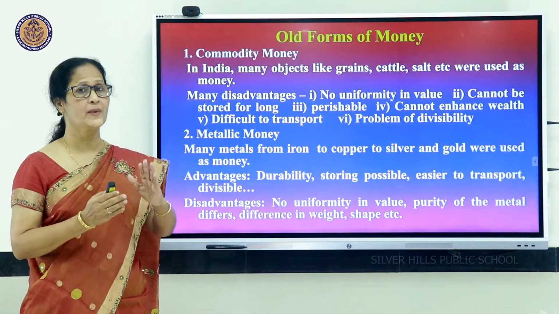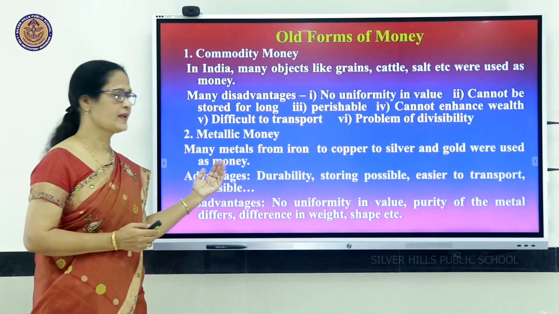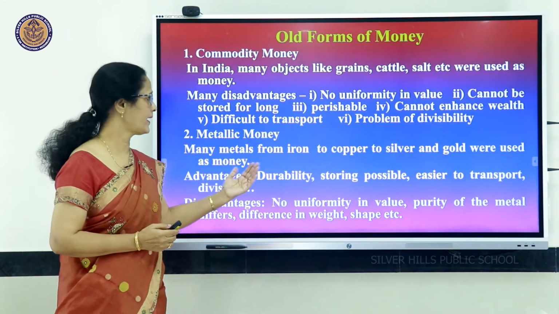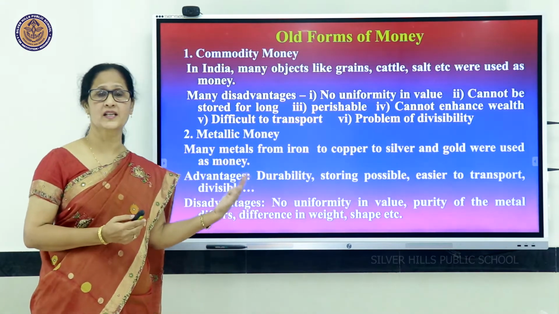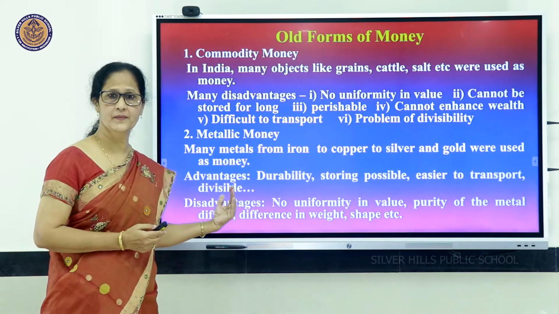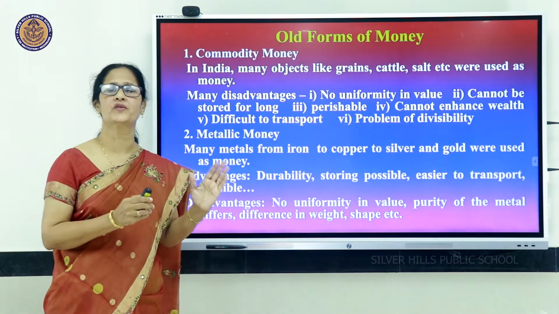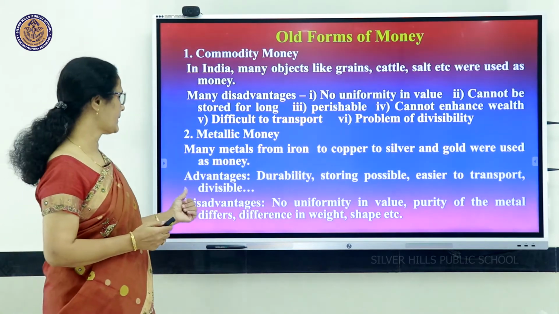It solved many problems of commodity money. Like for example, they are durable and hence storing is possible. It is much easier to transport them than commodity money. They were divisible. So many of the problems of commodity money were solved by metallic money.